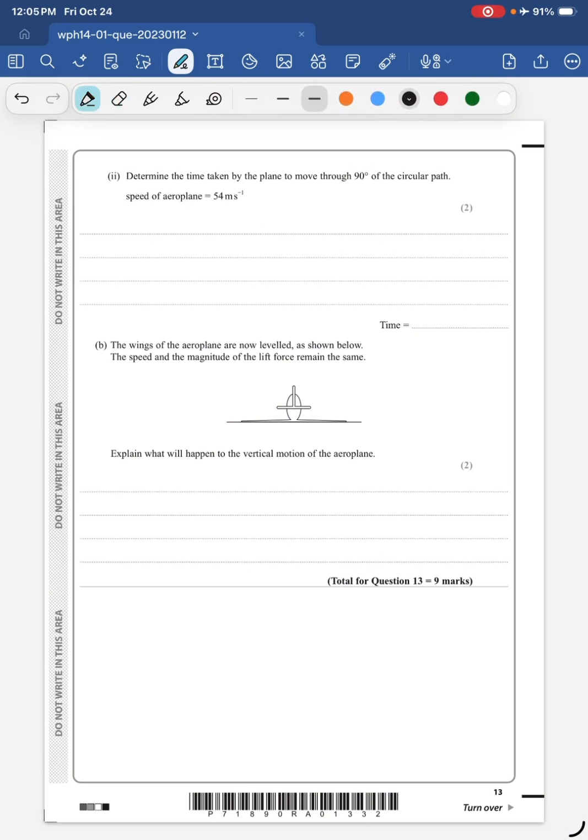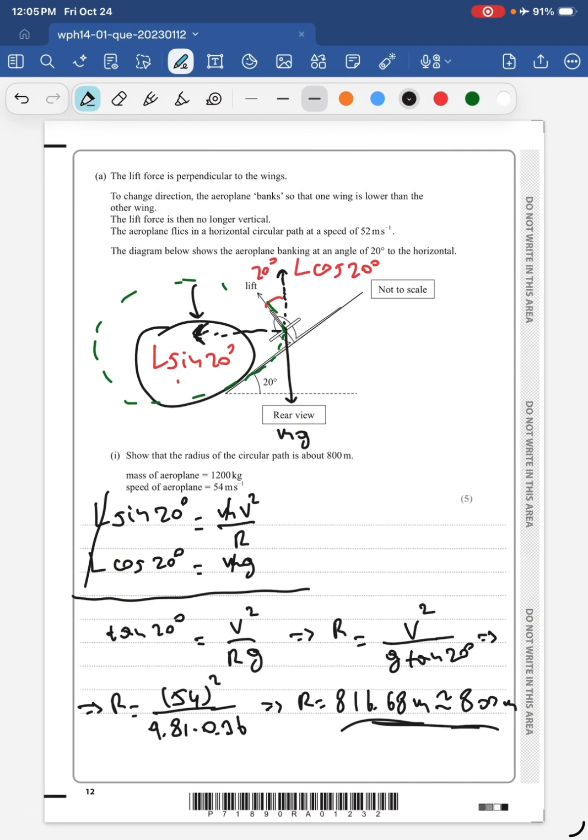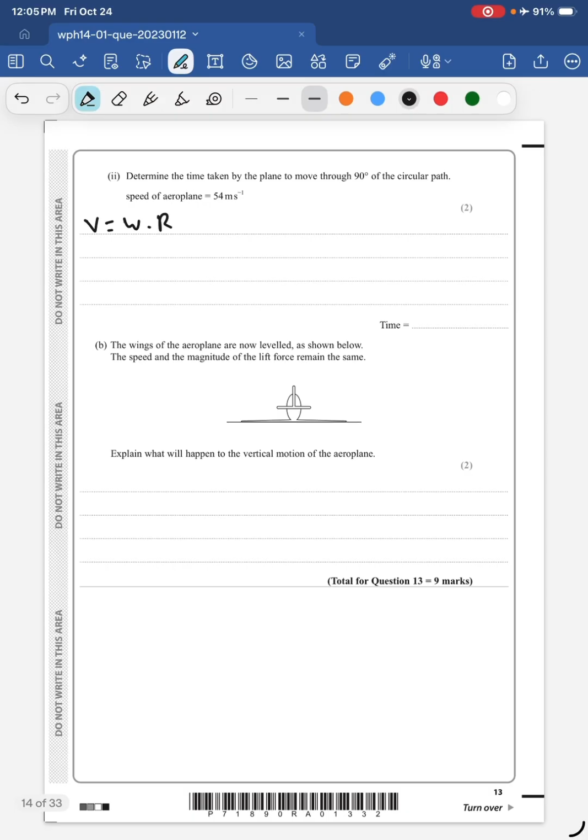First of all, let's write down the relationship between the speed and the angular speed, which is omega times r, and the radius is the radius we calculated earlier. So v can also be written as 2 pi over the period times r. So the period is simply 2 pi r over v.